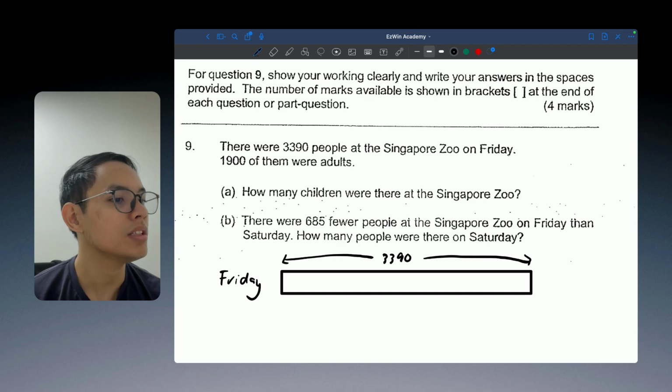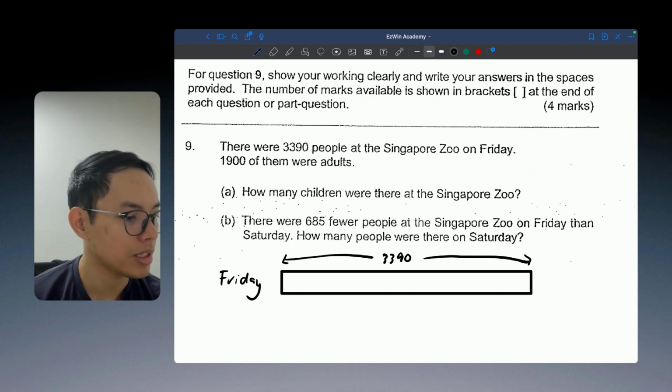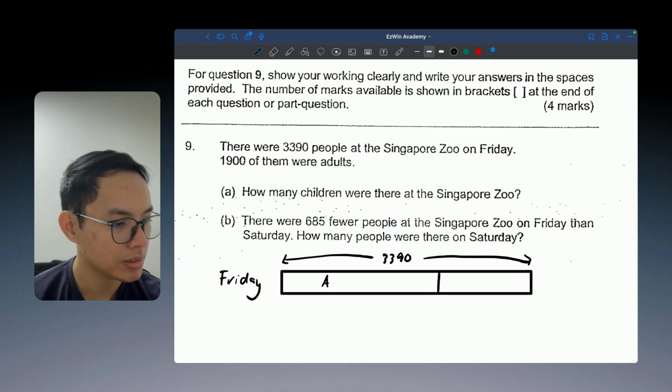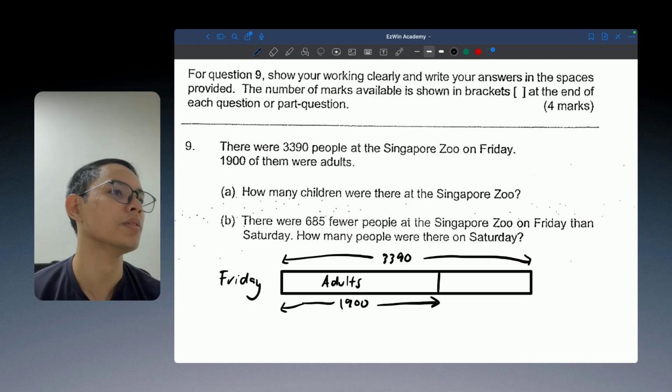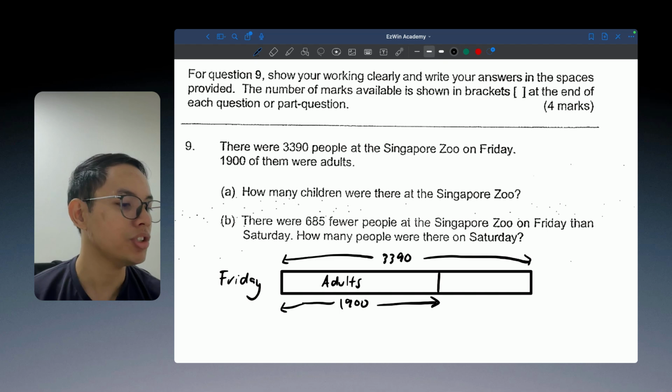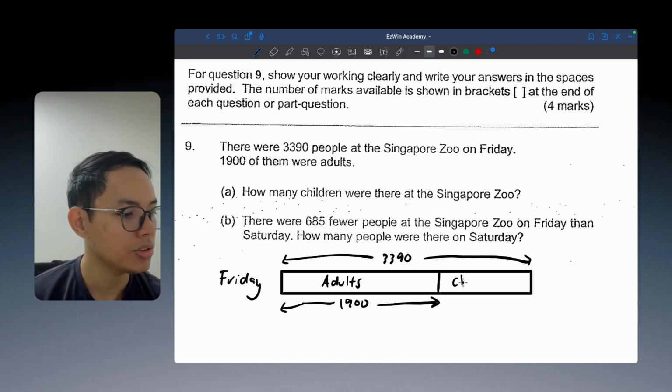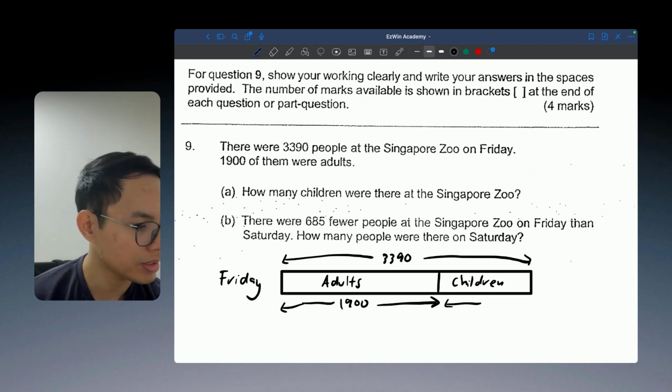Okay, and 1,900 of them were adults. So maybe in the middle over here, this is your adults, and these adults over here is 1,900. That's what you see over here. Okay, so how many children? So there are adults and children. So what is this number over here?